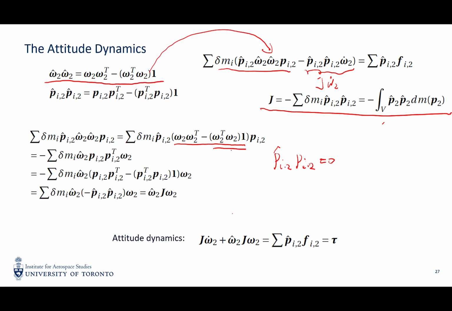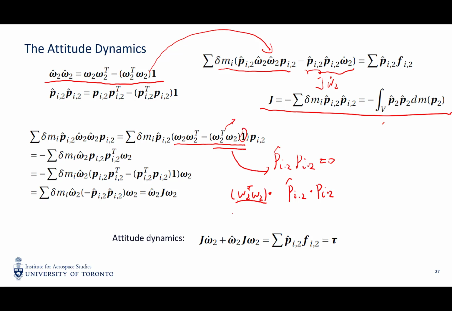And for the second term here, because omega 2 transpose times omega 2 is a scalar, we can pull the scalar out from the matrix multiplication and put it at the very beginning. So this results in the inner product times pi2 hat times pi2.